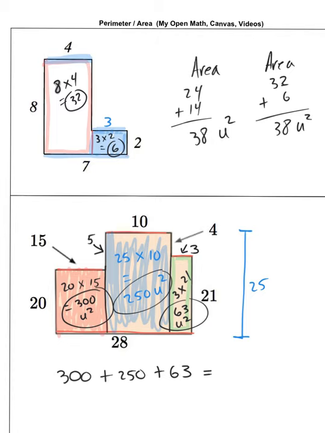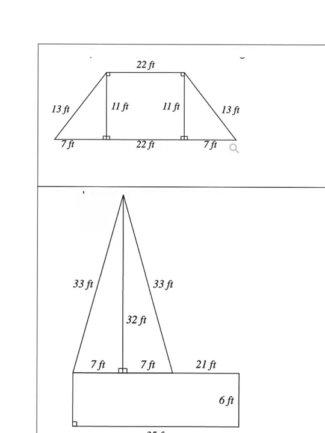Okay, let's do a couple more examples. Okay, this one up here, this is the area of a trapezoid. So if you remember the area of a trapezoid, we just have to go get the formula. All right, area is 0.5 times base 1 plus base 2 times the height.